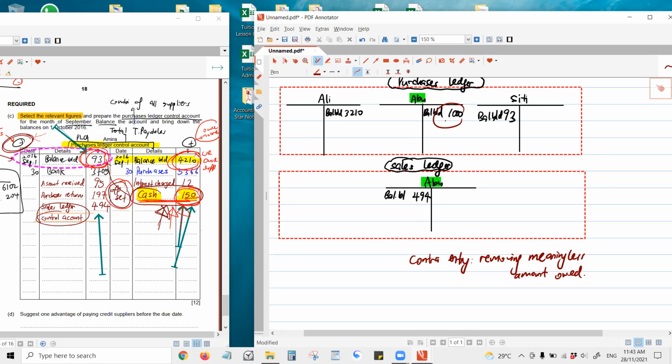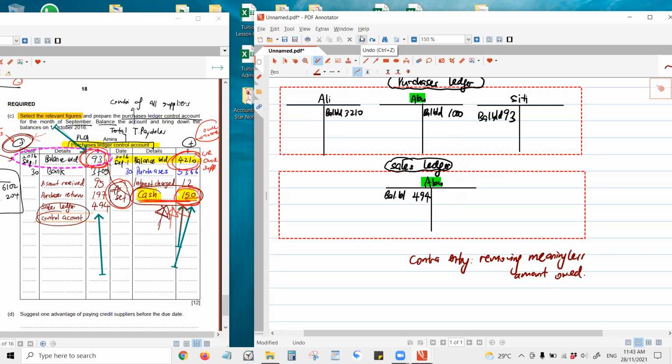Abu is our supplier. We owe to Abu 1,000. Abu owes to us 494. So we owe to Abu more, right? By how much? 506. Okay, we owe to Abu more by 506. Agree?